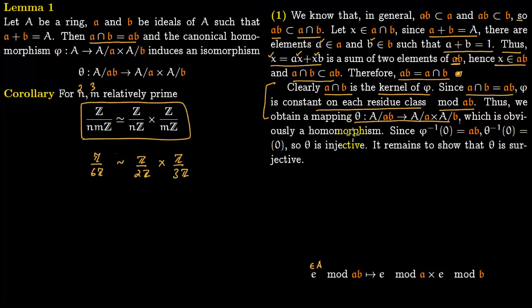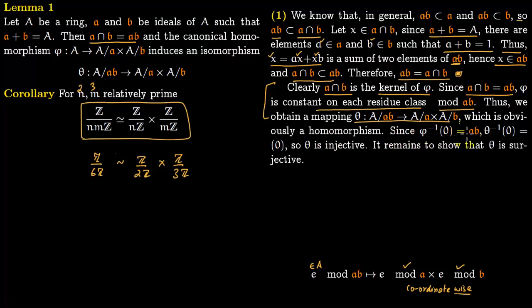This is obviously a homomorphism, because these two modulo maps are obviously homomorphisms, and we do all operations coordinate wise. And taking modulo by an ideal is a standard homomorphism.